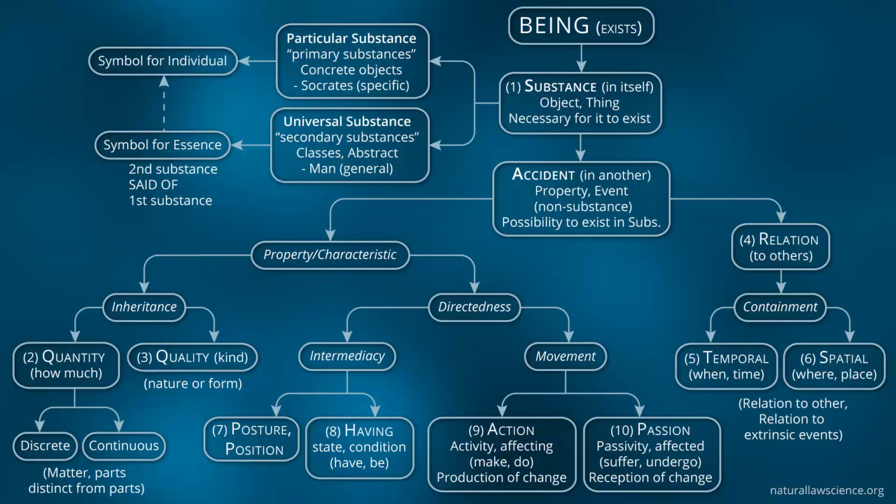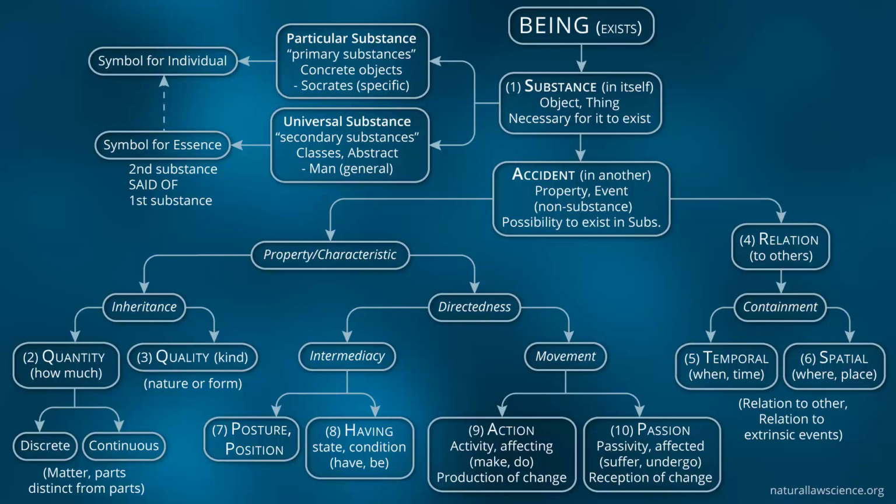It's the concrete object, like me or Socrates or anybody else. It's the specific thing. Then you have the universal substance, which is a secondary substance, which is predicated and said of the first substance. We'll get into predication after this as well.